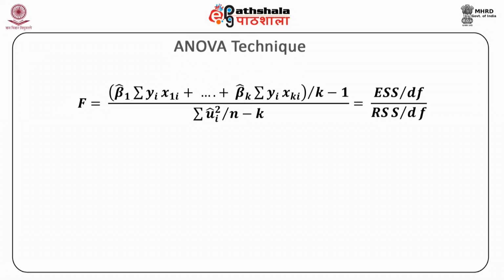In this expression, the numerator is explained sum of the squares ESS divided by degrees of freedom, and in the denominator we have the residual sum of the squares RSS divided by the degrees of freedom df.